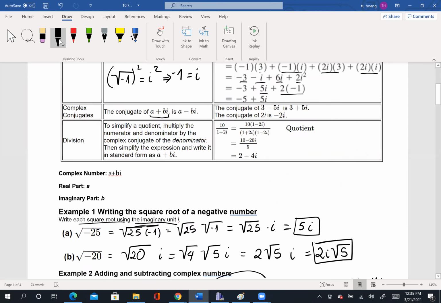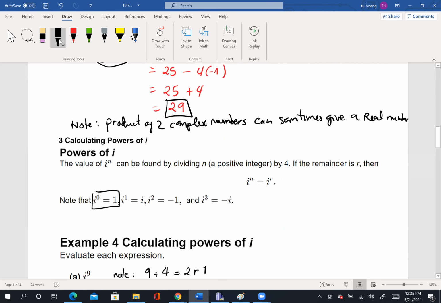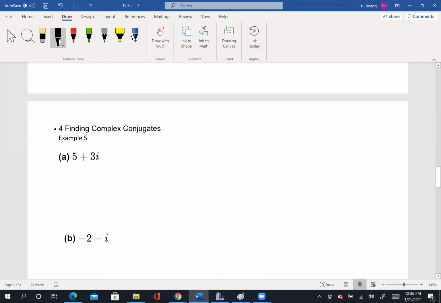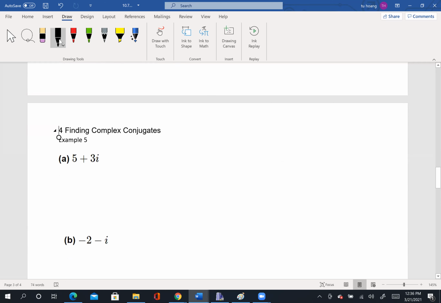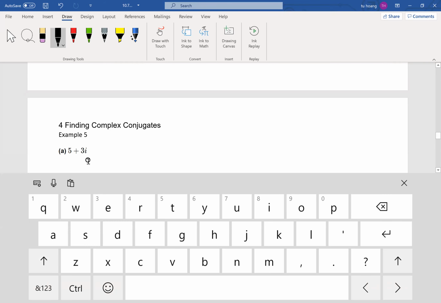Okay, all right, so let's move down here and see how we can find the complex conjugate. For problem A, I have 5 plus 3i. So I can get the conjugate easily: it is 5 minus 3i.